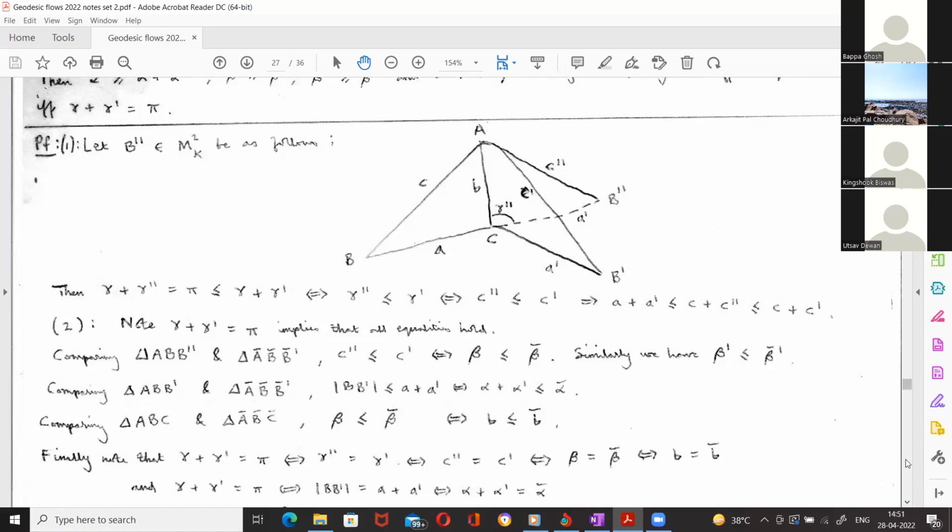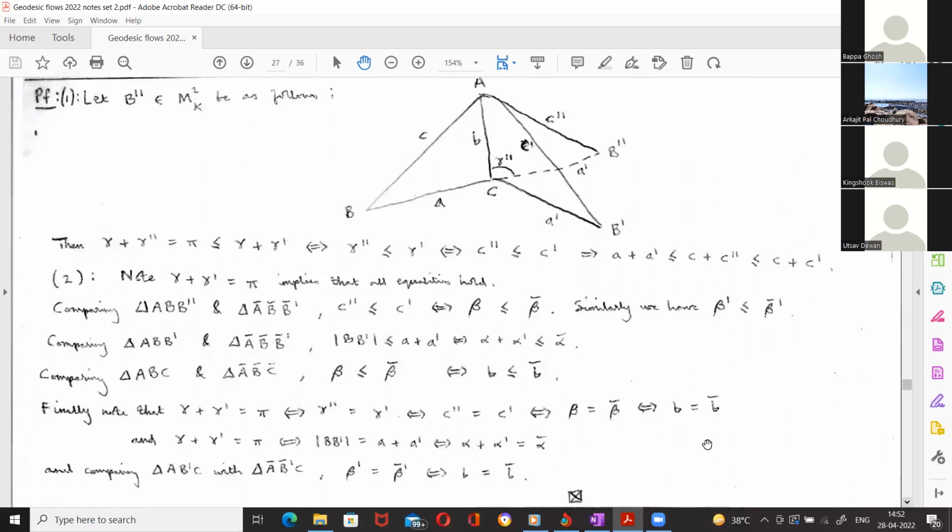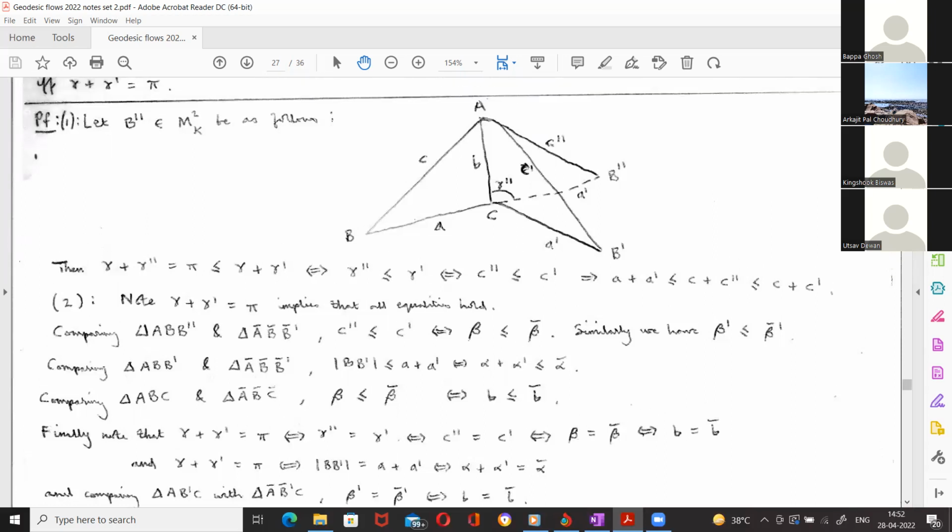Now we have to look at the other inequalities. So let's look at this picture. It's just a matter of comparing triangles. Let's look at the triangle A, B, B double prime, and A bar, B bar, B bar prime.